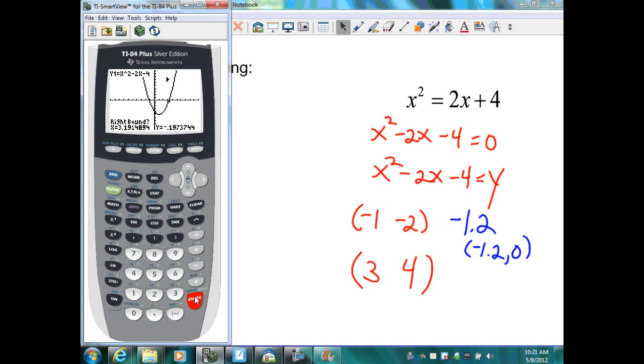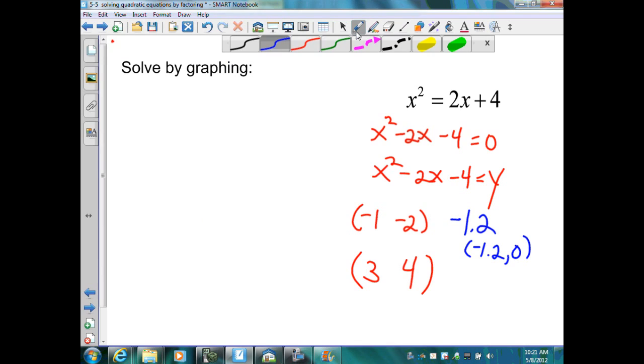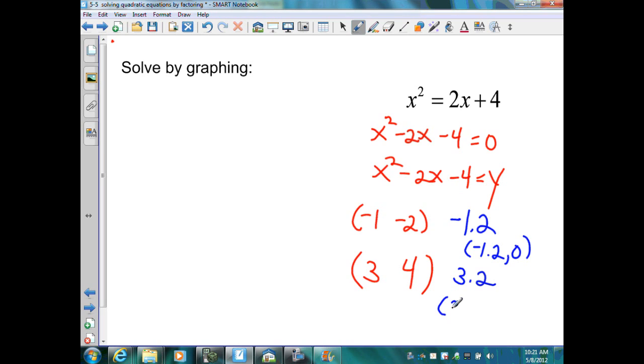I hit enter. I scroll to the right until I get a positive y value. I got that. I press enter again. It asks to calculate. It gives me a y value of 0, which I want, and my x is 3.2. Or my x-intercept is 3.2, 0.